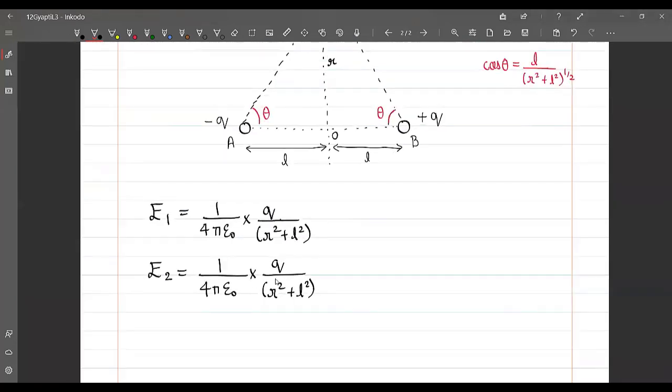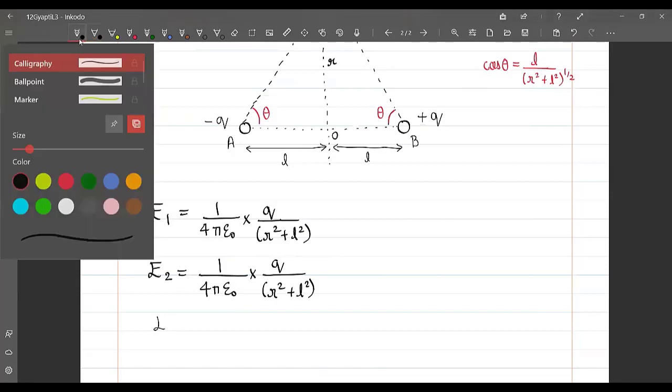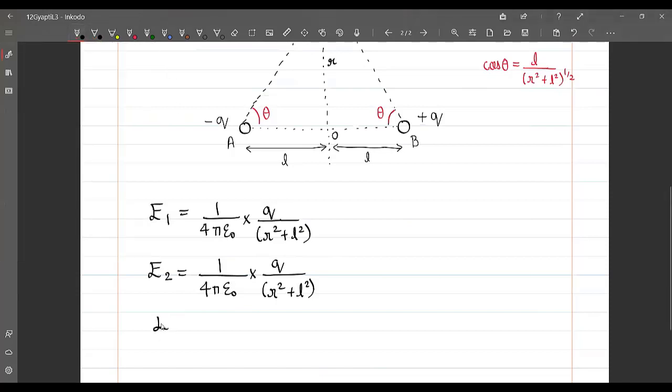So I will write the net electric field E net is equal to twice of E1 cos theta. So E1 is this value. I will take E1 from here. That will be 2 into 1 by 4 pi epsilon naught, and E1 is Q upon this thing, into cos theta.